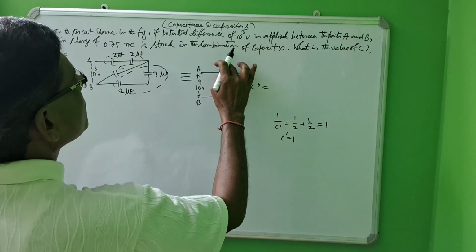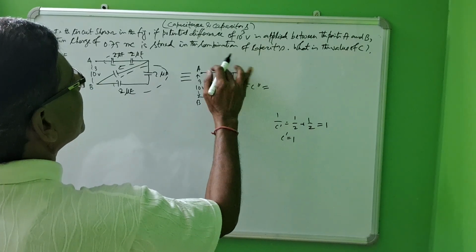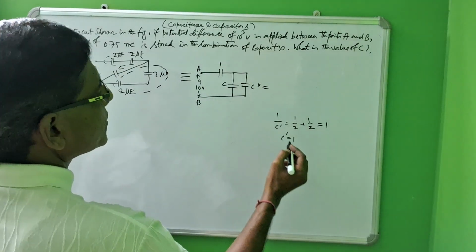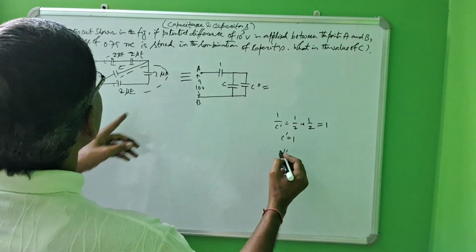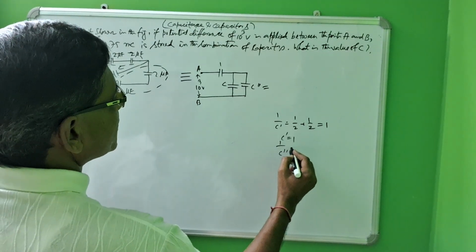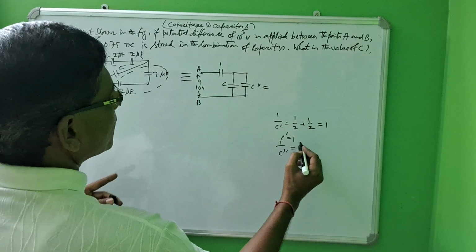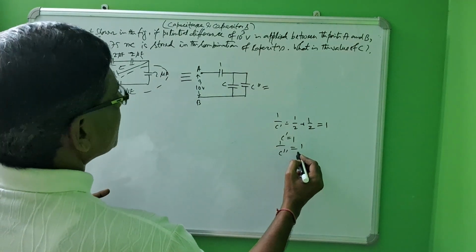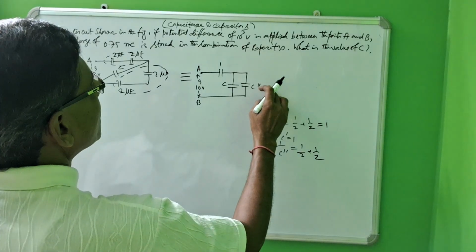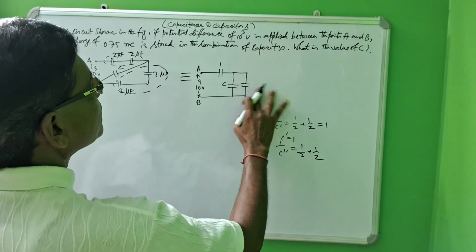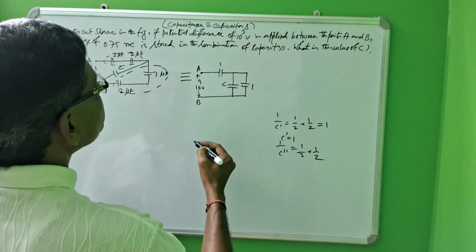So C dash equals 1, so you can write here as 1, and C double dash, how? C double dash also in this way, 1 by 2 same. So this is also 1.